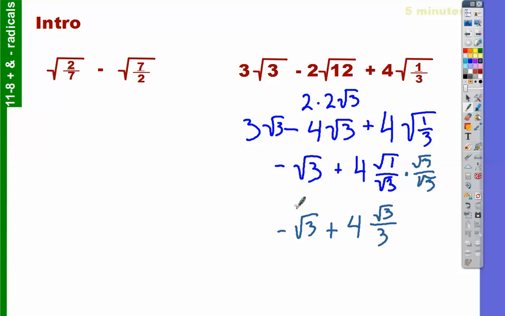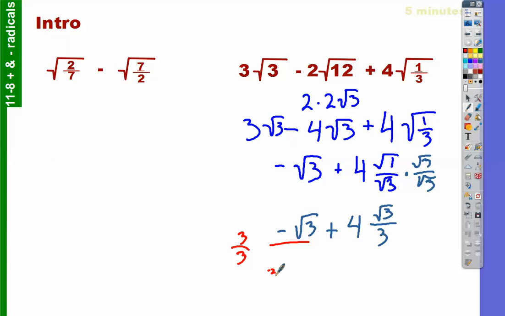In fact, to add two fractions together, what must be true? I'm hearing lots of people mumbling the correct answer, but no one loud enough that I can actually hear it. Common denominator. So what am I going to do? So the common denominator is obviously 3, right? So I'm going to multiply this by 3 over 3.